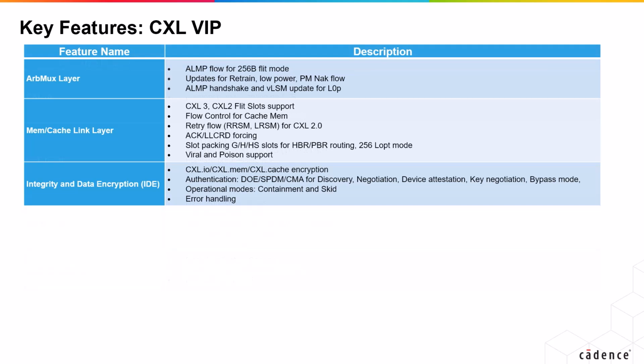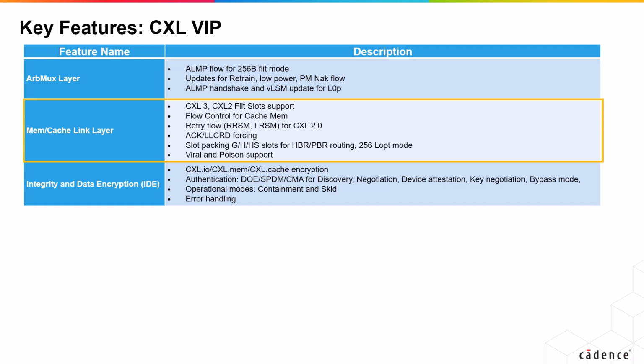This slide is a continuation of the previous slide for the ARB-MUX layer, MEM, cache link layer, and integrity and data encryption features. The CXL VIP supports the ARB-MUX layer features, which include ALMP flow for 256B Flit mode, updates for retrain, low power, PM-NAK flow, ALMP handshake and vLSM update for L0p.